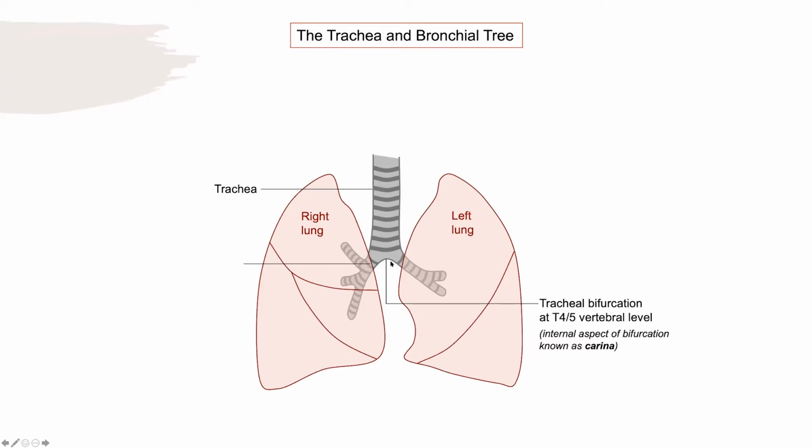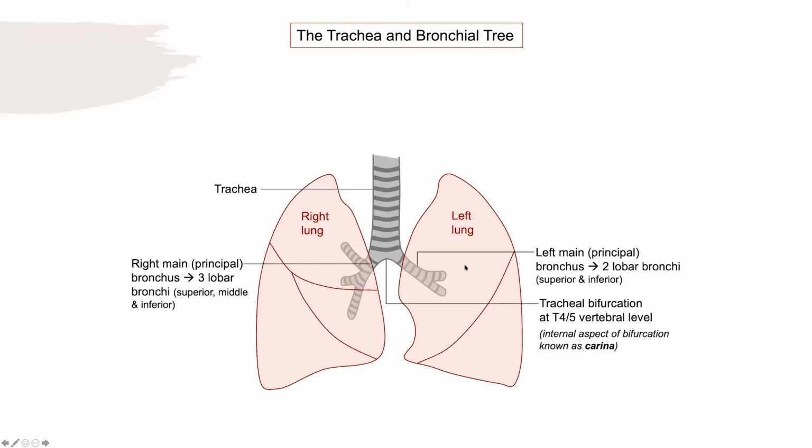You should know why this is longer, why this is shorter, why this is less angular, because there is a lot related to that, and I'll be talking about it shortly. The right main principal bronchus is going for the 3 lobes and the left one for the 2. The right one divides and then enters, the left one enters and then divides.